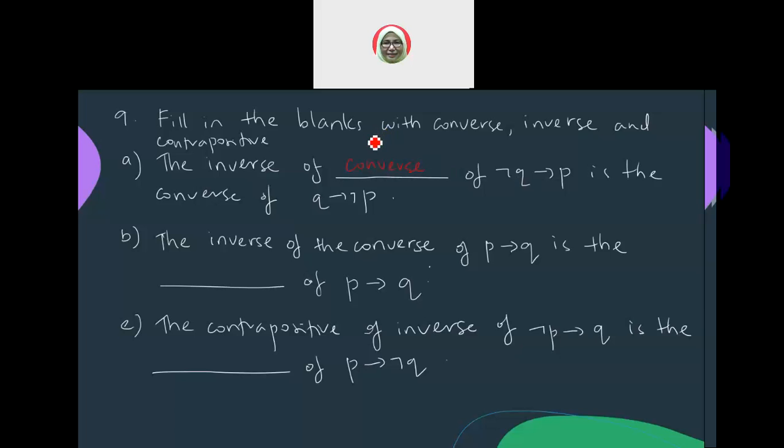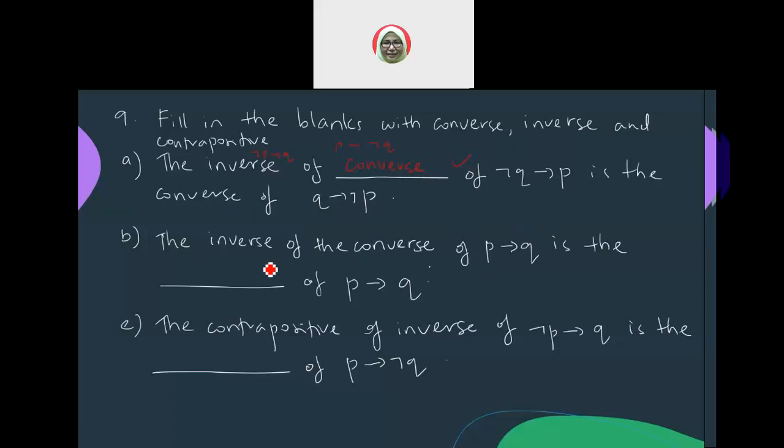The converse of this statement is P implies not Q, right? The inverse of this is not P implies not Q, so Q, right? Is the converse, yes, so converse Q implies not P, so this one is correct. You try and error to get the answer.